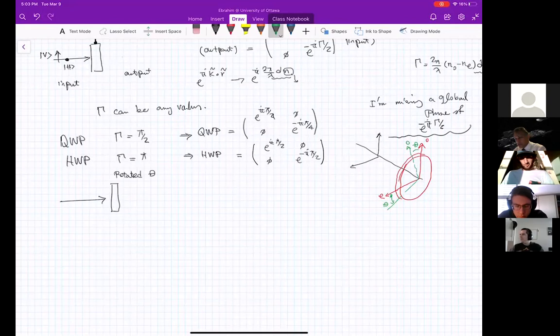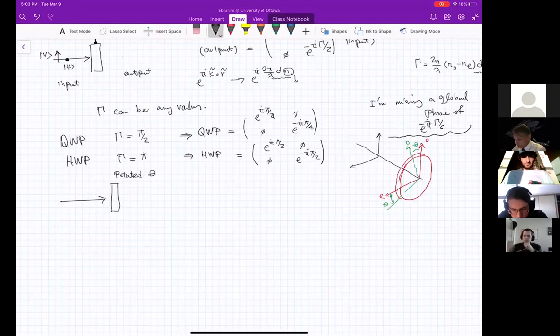Let me ask you in this way. Should it be the same rotation? No, it's going to be a rotation at theta on one side and then a rotation at negative theta on the other side. Exactly.